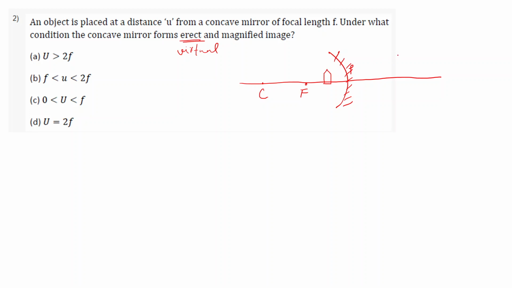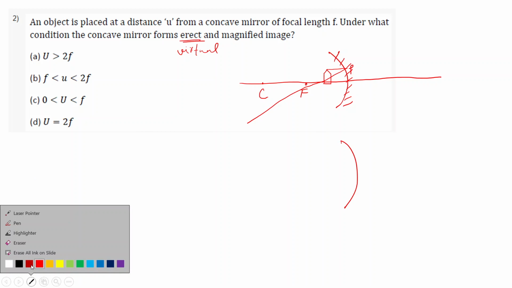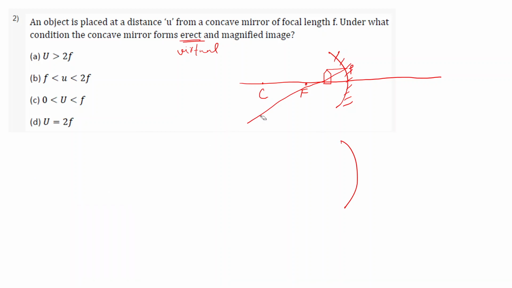So a parallel ray going from it will pass through the focus. This diagram is, let me use the eraser. It's a little difficult to make it using this pen here, but if I had a scale I would be able to make it better.